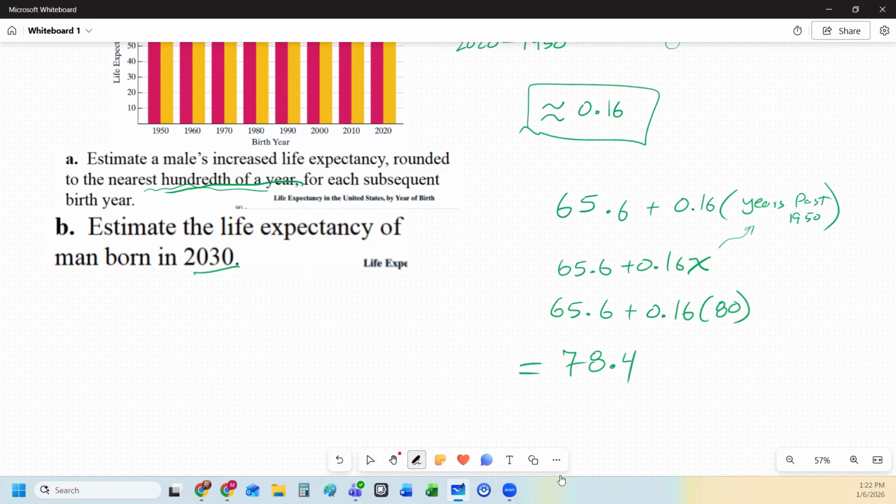Which again, this is kind of an estimate. It's an average anyway, but it's also an estimate of that average. And so we could say that this is probably somewhere in the neighborhood of 78.4.